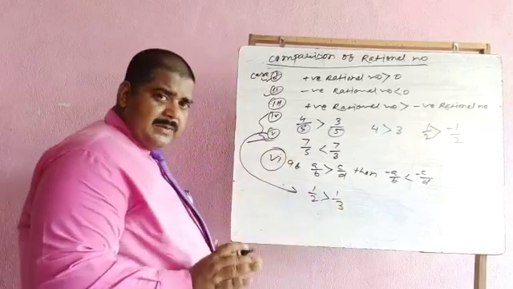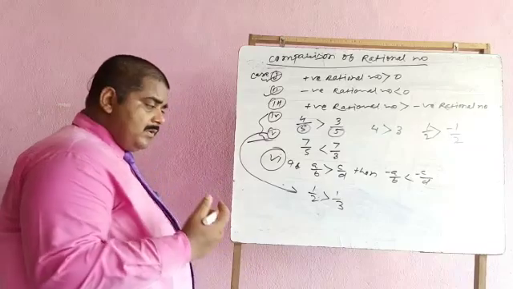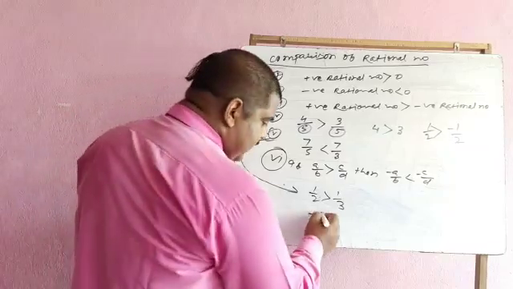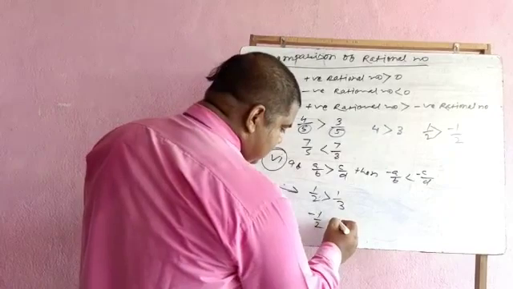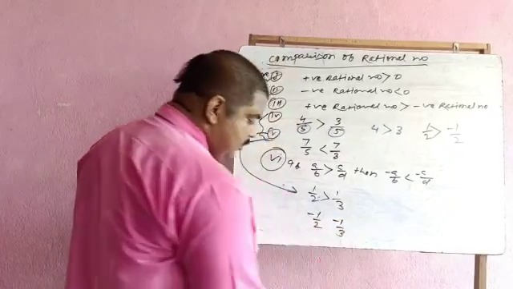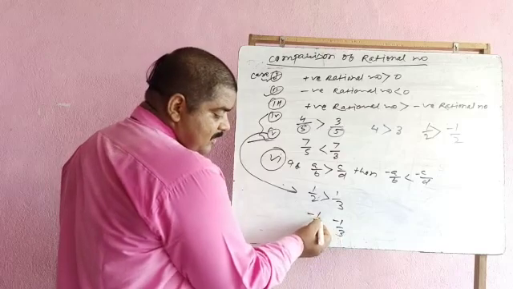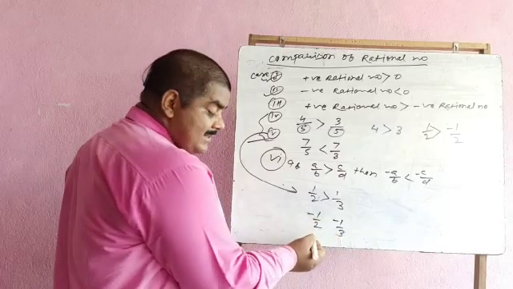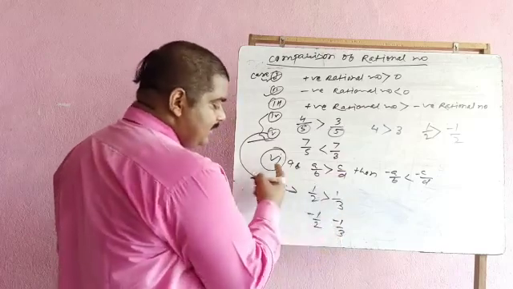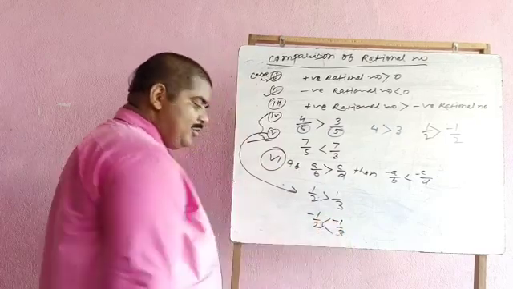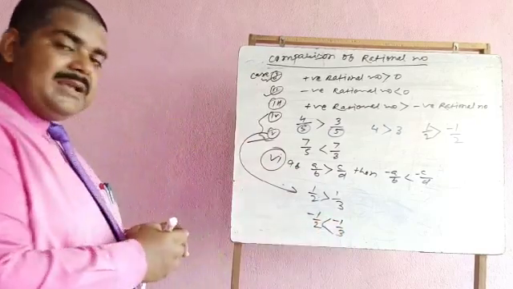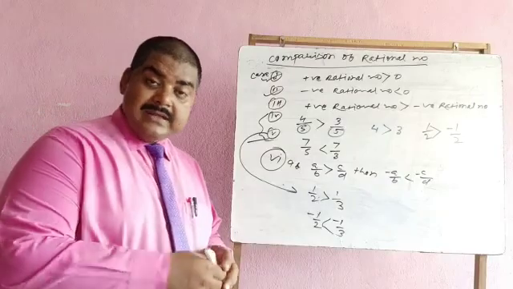For the same rationals, if you take the negative ones, minus 1 upon 2 and minus 1 upon 3, which one is greater? You must know that minus 1 upon 2 is smaller by rule 6, and minus 1 upon 3 is greater.